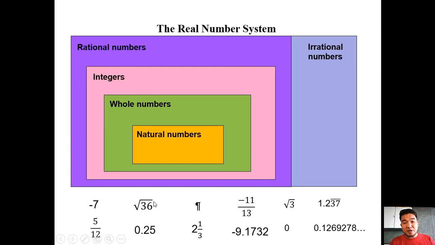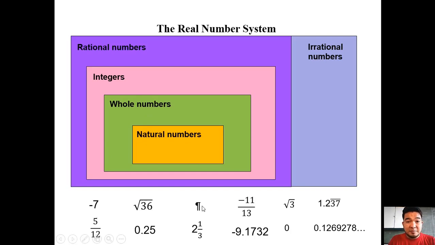How about the square root of 36? When you simplify, that is 6. So 6 is a natural number and also a whole number, an integer, and a rational number. How about 0.25? 0.25 can be expressed as 1 over 4. So that is a rational number. How about pi?